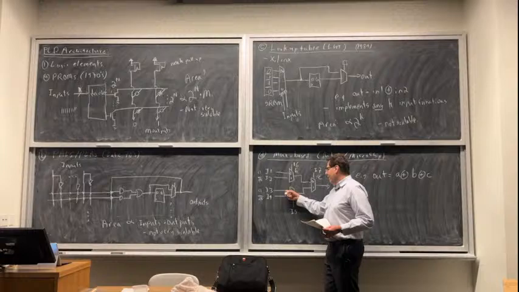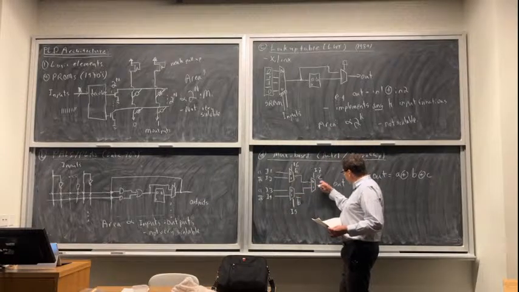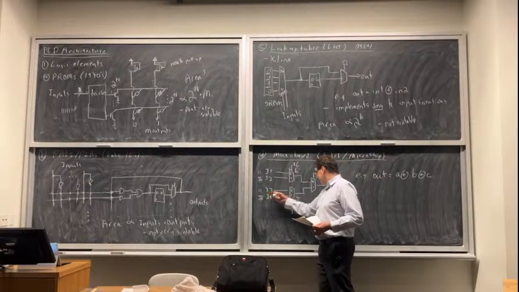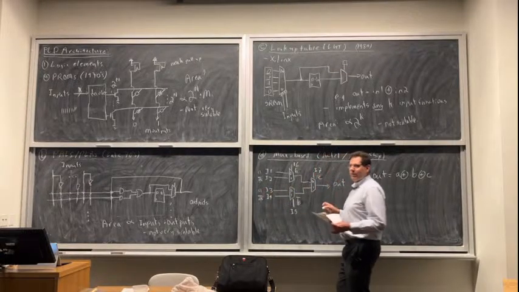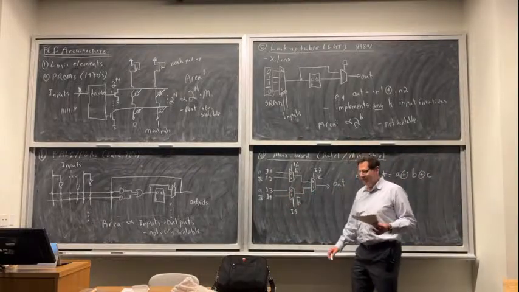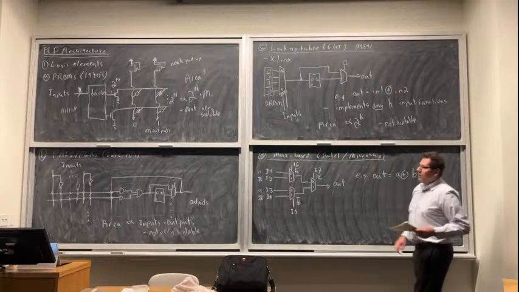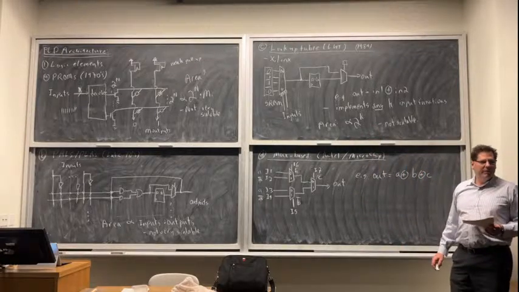And if A is 1 and C is 1, then I'll get a 1. That sounds good. And if A is 0, I'll get a 0. So this looks good. And the last one by symmetry I think works out. I'm not going to do it. So it works.